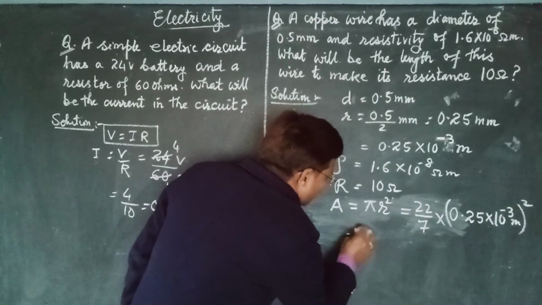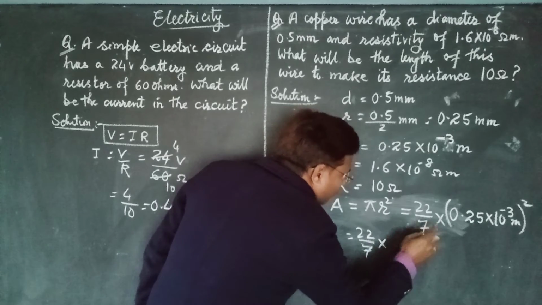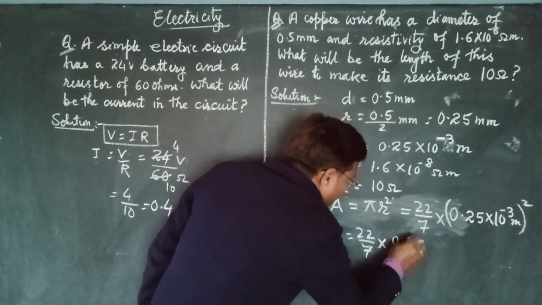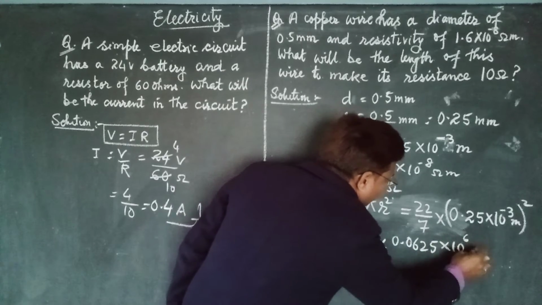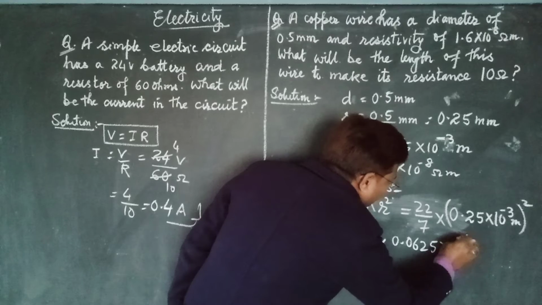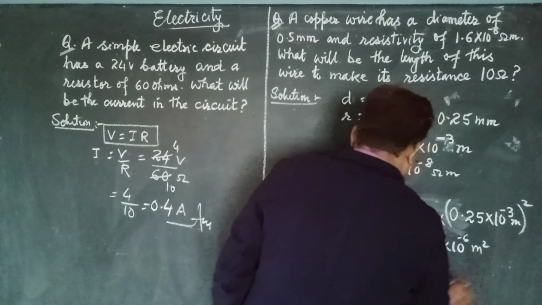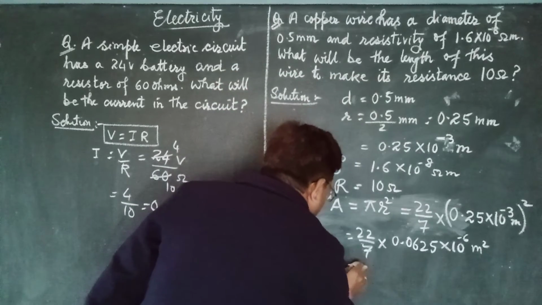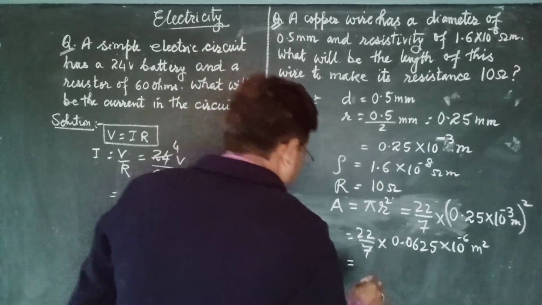So it will be equal to 22 by 7 into 0.0625 into 10 to the power minus 6 meter square.